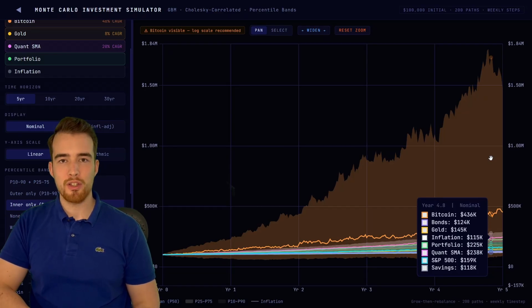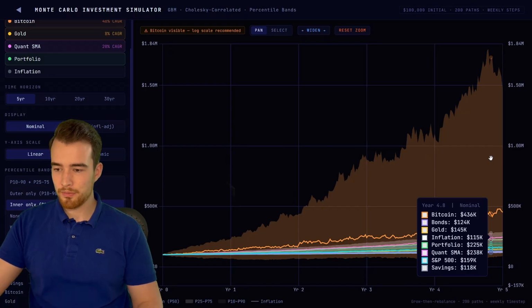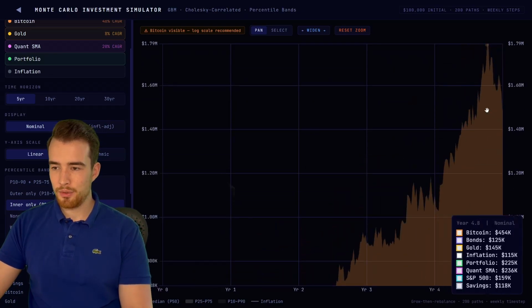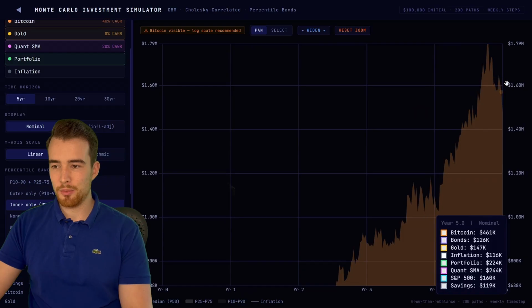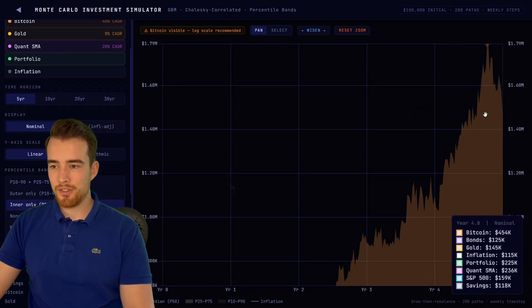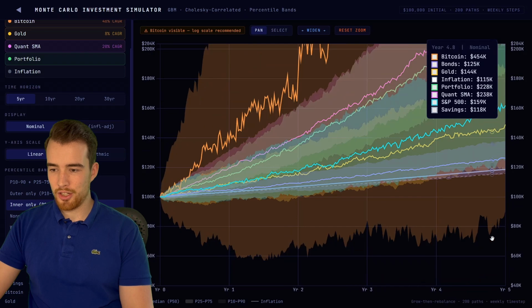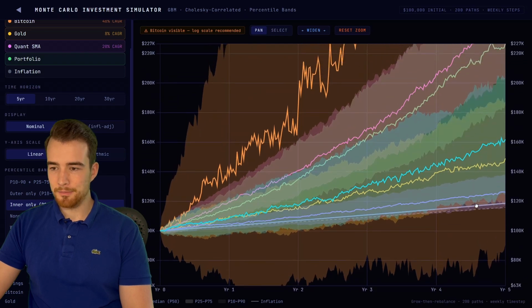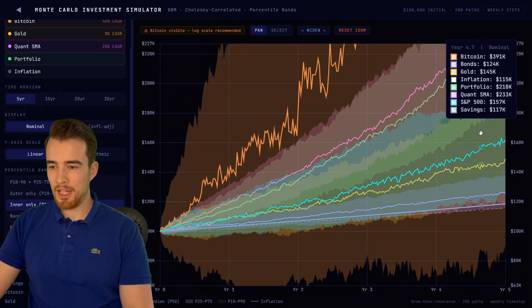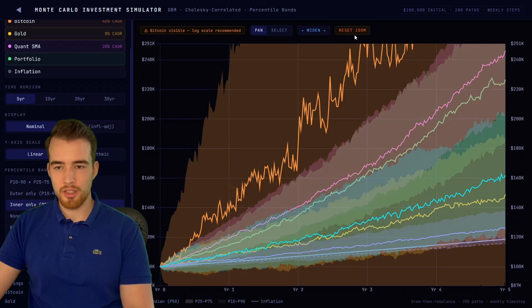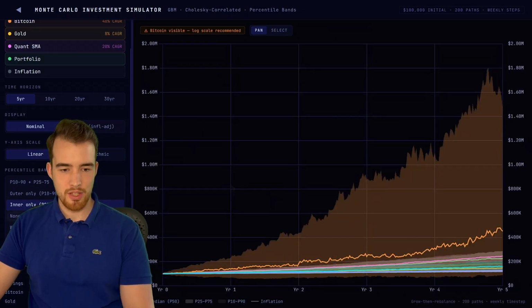So the 25% most extreme outcomes on each side are excluded. And then we really have to zoom in to see anything at all because the extreme events for Bitcoin really skew the chart here. Everything is overlapping, so that shows the uncertainty that we have with these things always.